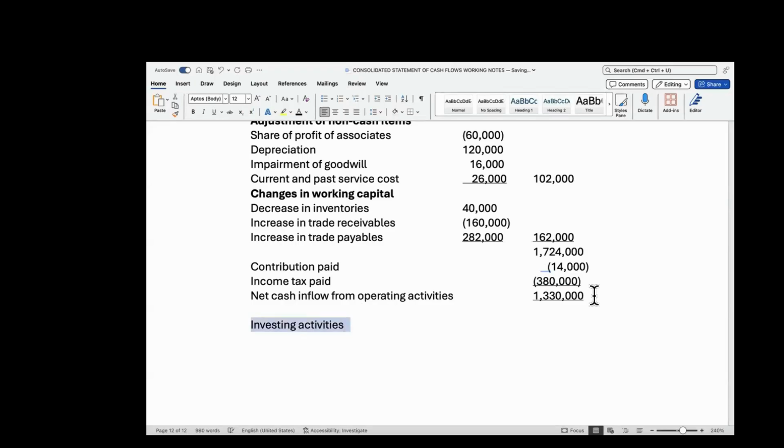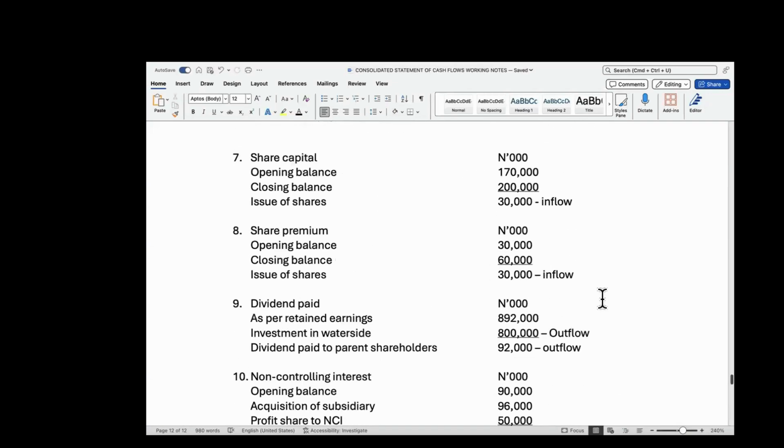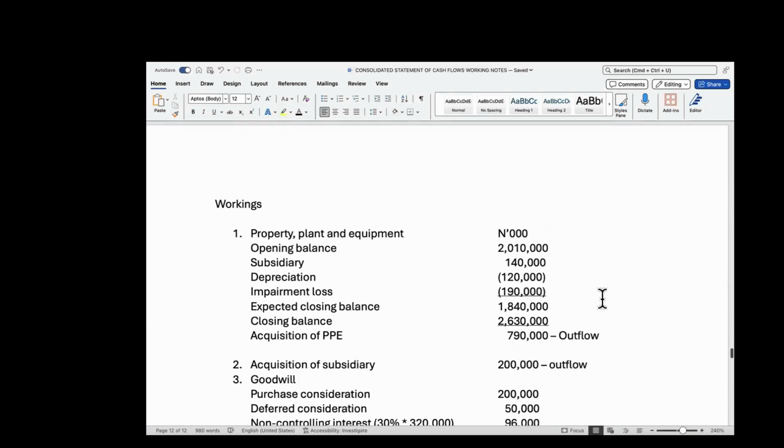Now let's go to investing activities. And my investing activities here, for my workings, I can easily get them.